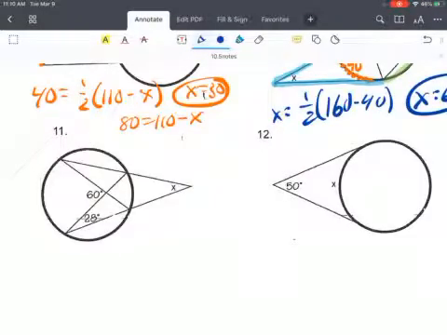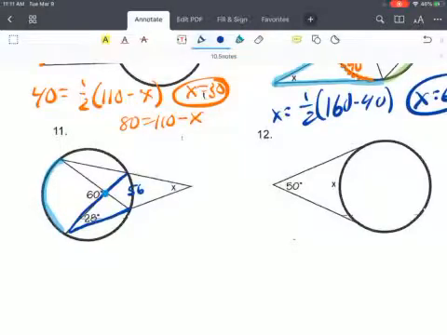For number 11, inscribed angle first, 28. 28 times 2 gives me 56. First off, I need to find the arc that goes on the outside. And that arc is related to that chord angle. So this vertex is on the inside of the circle.